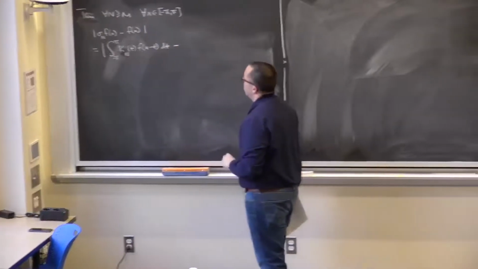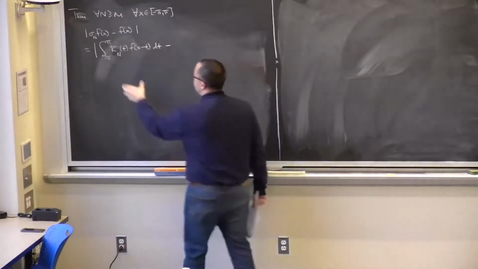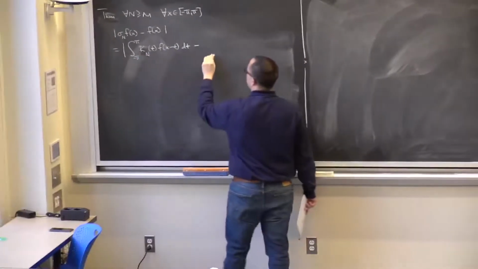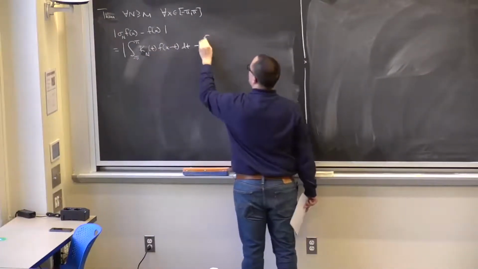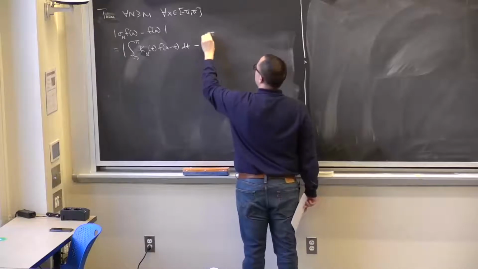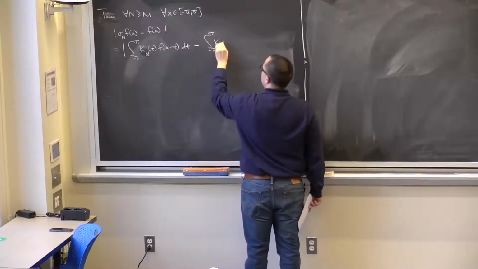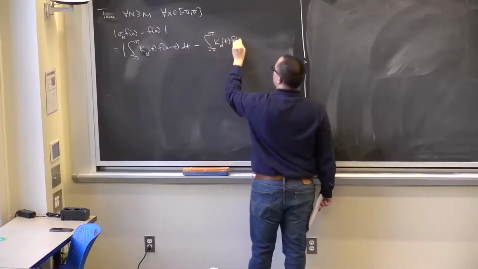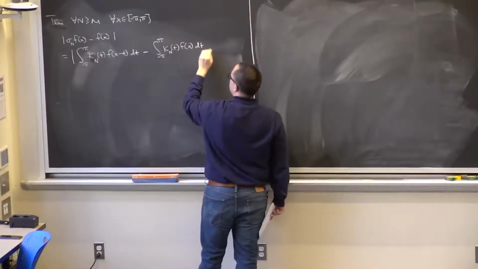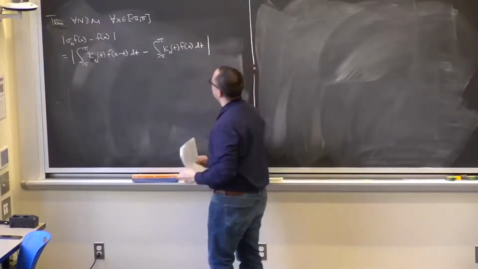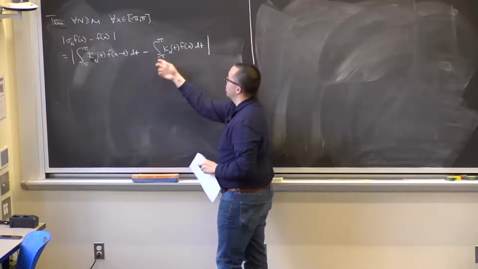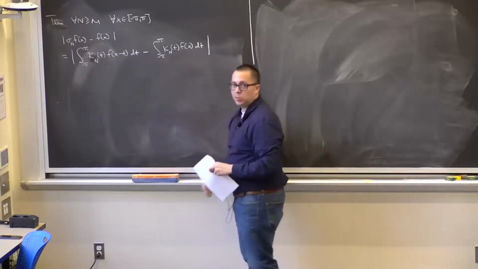Now, here's the trick. The Fejer kernel has integral 1, so I can actually write f of x as the integral from minus pi to pi of kn of t times f of x dt. I'm integrating dt. Then this just pops out. I get f of x times the integral of the Fejer kernel, which is 1. Okay?